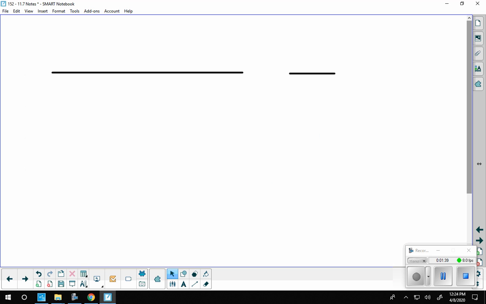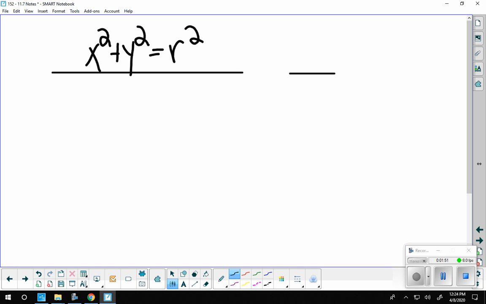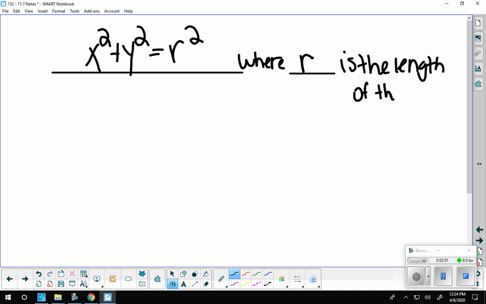So, formula for a circle at the origin. Here's the formula for a circle. x squared plus y squared equals r squared, where r is the length of the radius.